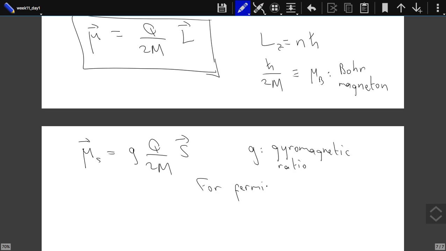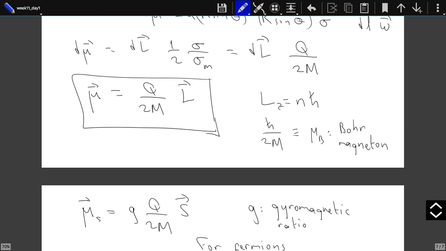And for fermions, have you studied the fermions yet? Okay, you took quantum physics. Okay, you will see these. So it is some kind of early information. Now you have seen the spin, right? You have seen the angular momentum.